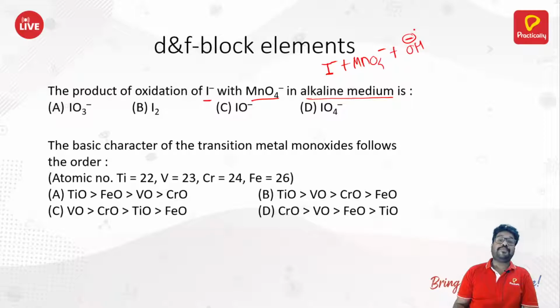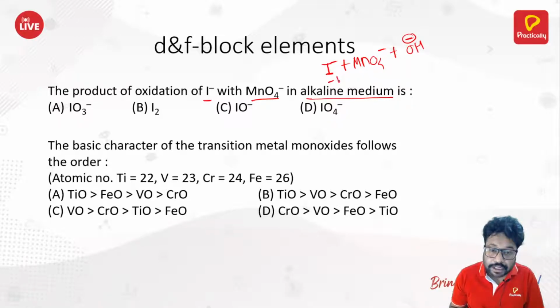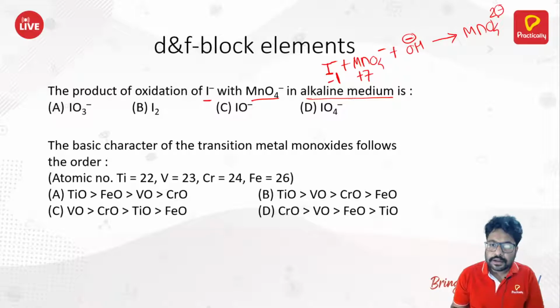Again, this is a kind of a memory based question. Iodine is in a -1 oxidation state here. Manganese is in a what? +7, right? Now manganese from +7, it goes to MnO4 2 minus. That means it goes from +7 to +6 oxidation state.